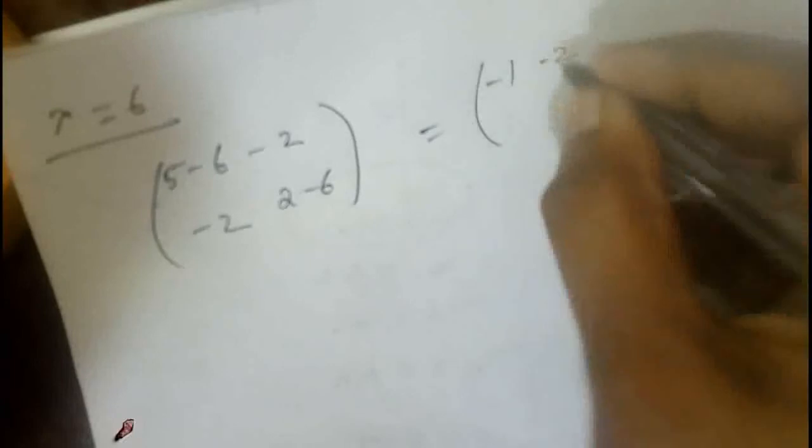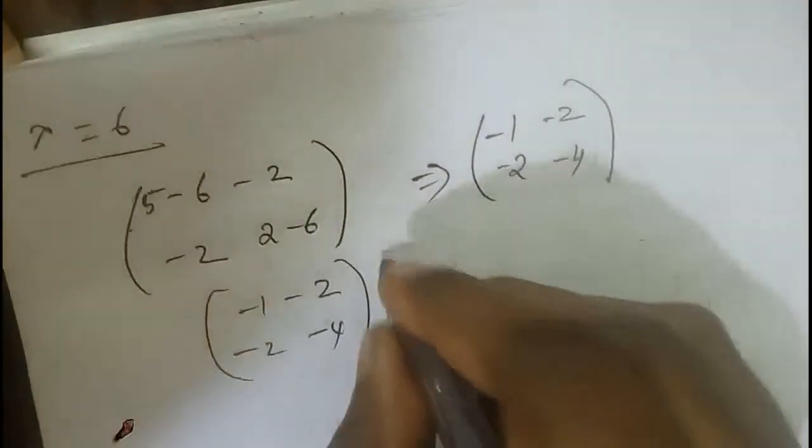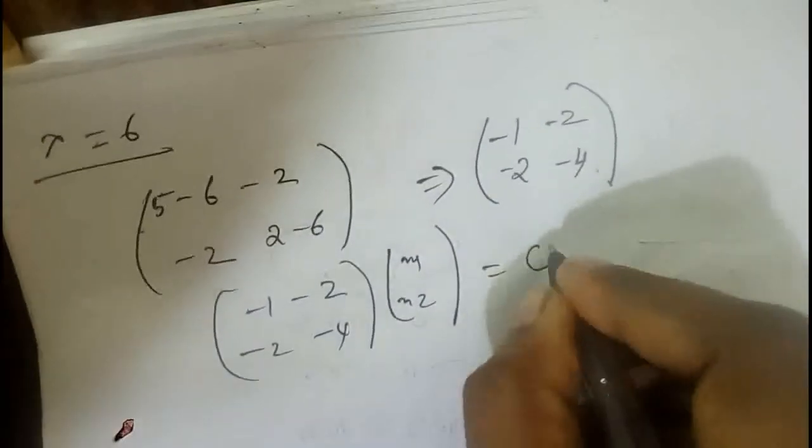Similarly, we need to find for lambda equal to 6. For lambda equal to 6, we got 5 minus 6, minus 2, minus 2, 2 minus 6. So minus 1, minus 2, minus 2, minus 4, times x1, x2 equal to 0.